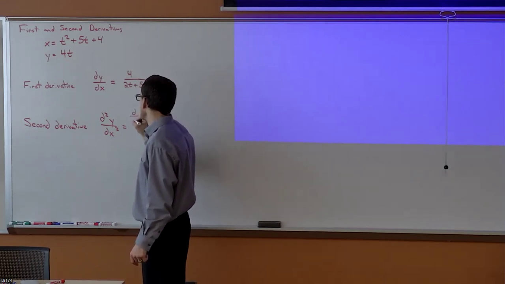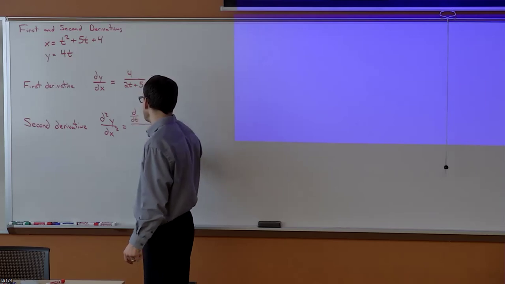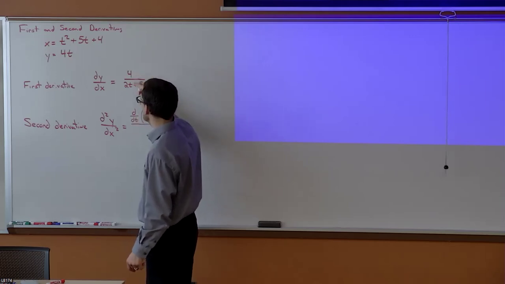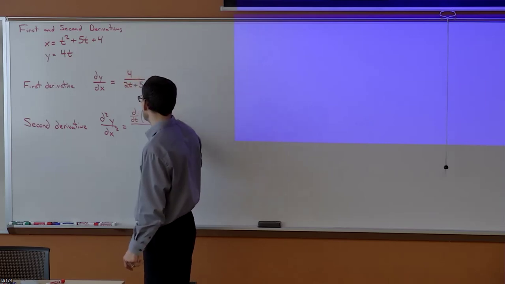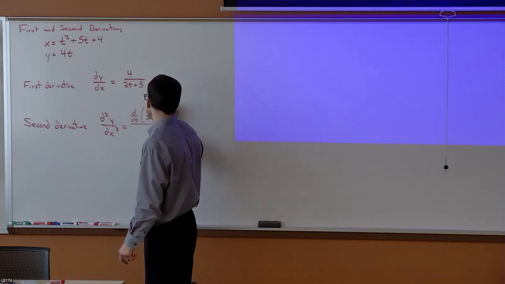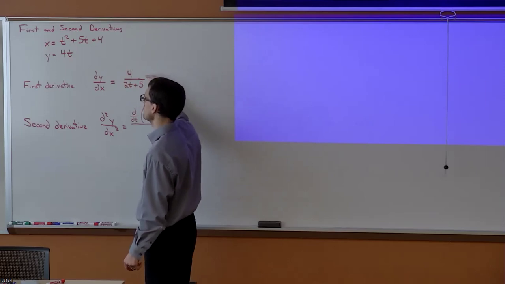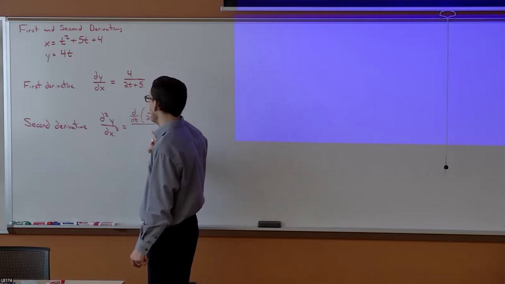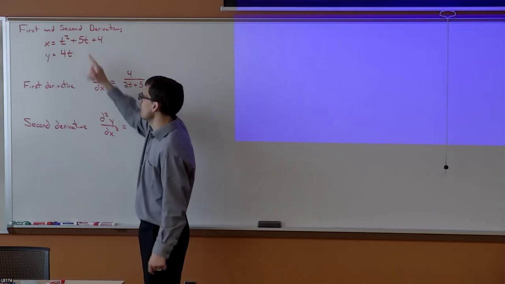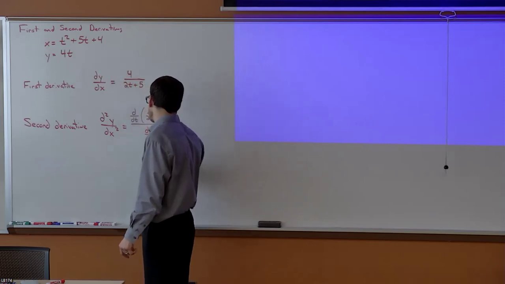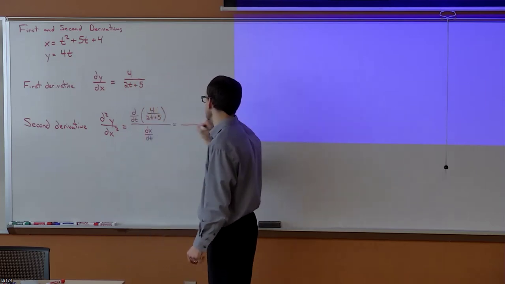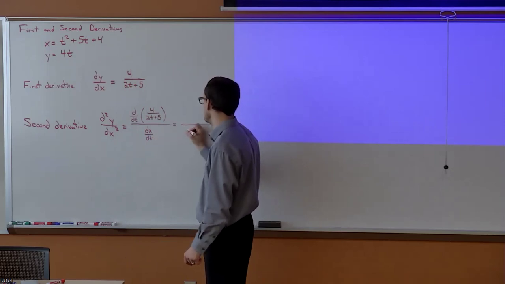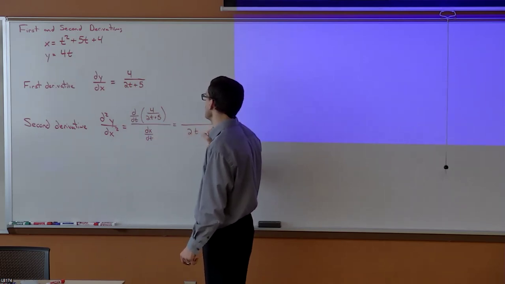Then what I'd have to do to find my second derivative is take a derivative of this expression and put it in the top. So that becomes my new y, and my x is still my old x. So the derivative of x with respect to t, I'm going to get, once again, just 2t plus 5.